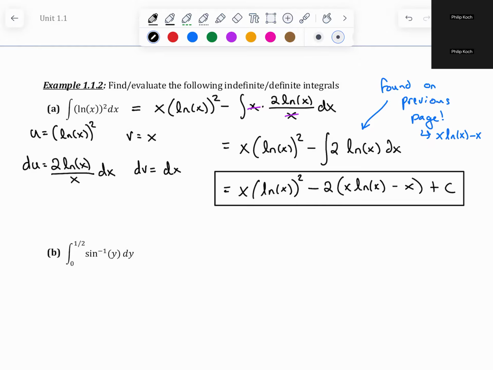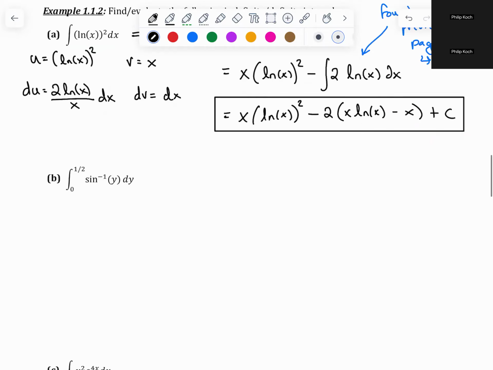All right. Next one. Since this is a definite integral, we'll do this one together. What do you guys think u should be? LIPET. Logarithms, then inverse trig. Arcsine y, sine inverse y, however you want to say it. So u will equal sine inverse of y.